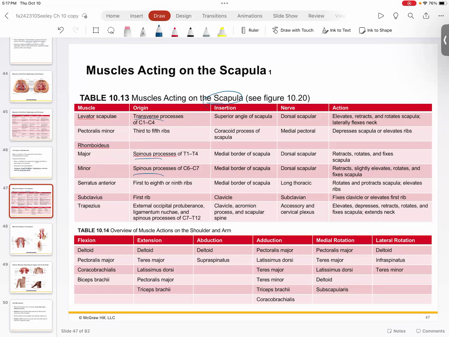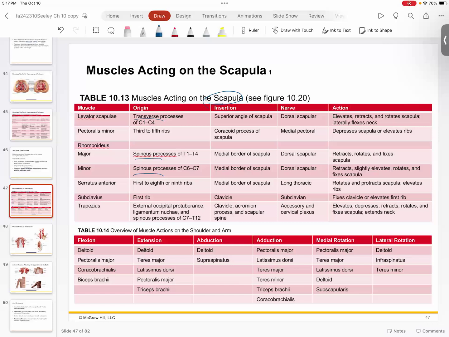And this is a nice little chart down here, 10.14, because it takes some of the muscles you guys have been learning and lumps them together with their action. For instance, some of the flexors you're going to see are things like the deltoid, the pectoralis major, the biceps brachii. The extension is also the deltoid, teres major, latissimus dorsi. So they lump them together, associated with the kinds of motions that they actually do.